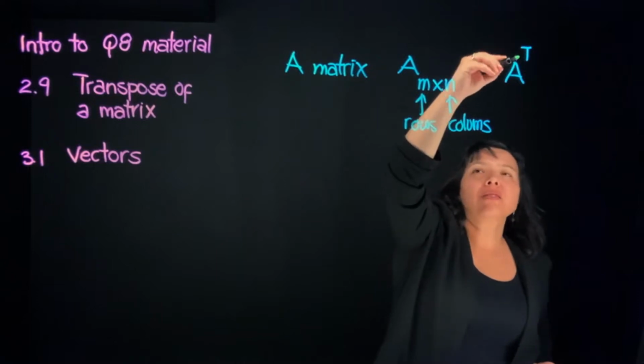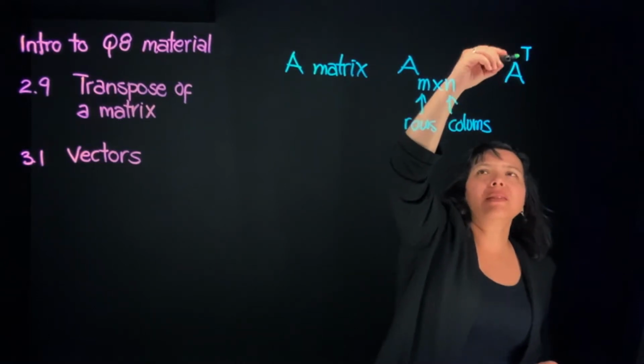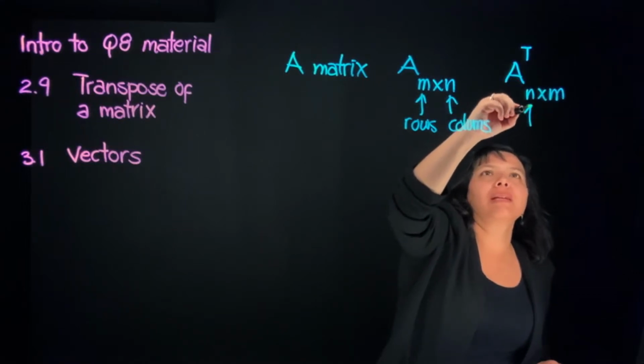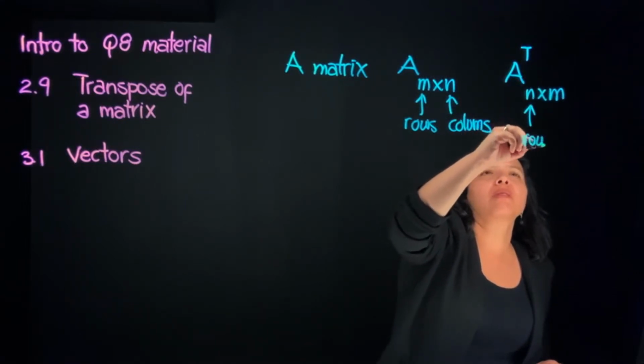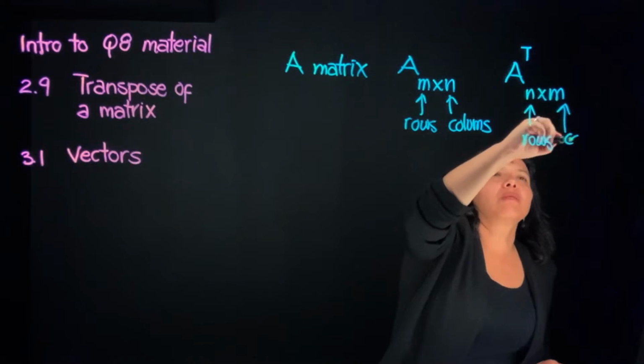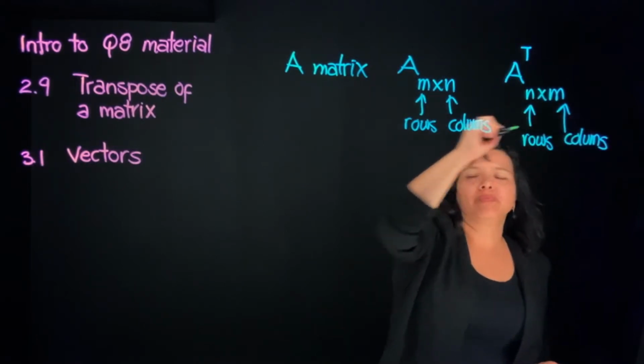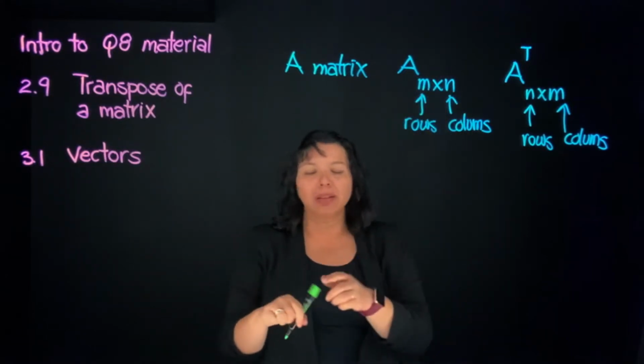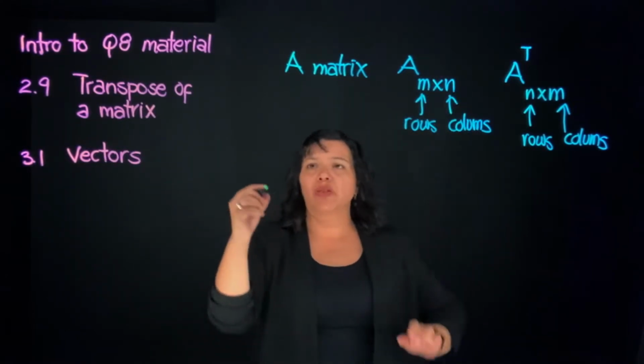So your A transpose, and this is the notation, is going to be an n by m matrix, where again, this is the number of rows and this is the number of columns.